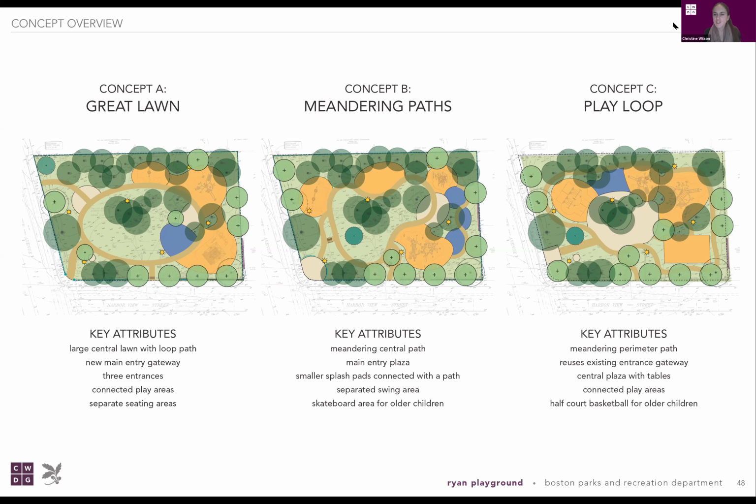So I mentioned when I was talking about concept A, keeping the existing mural where it is. You'll see in B, we've shifted that up north, so it's adjacent to the water play, and then it's back in its current home on option C. If there's any information anyone can provide about the mural, the frog, the art tiles at the water play, and that existing structure, we would love to hear it.